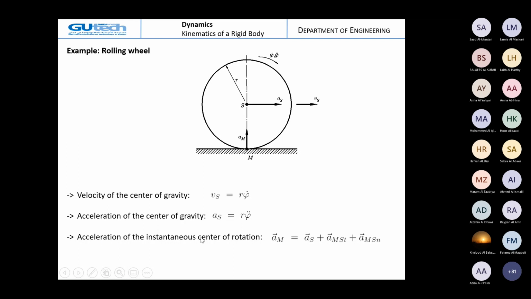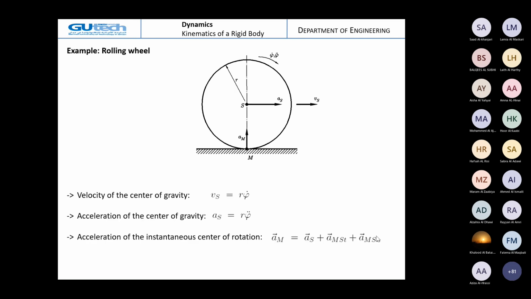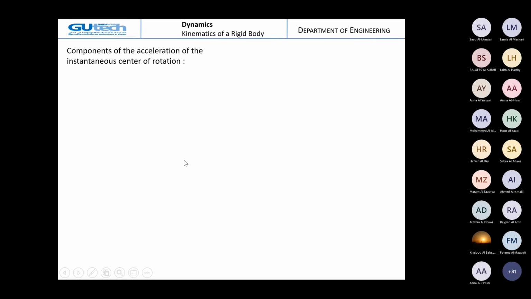Now, the acceleration of the instantaneous center of rotation, AM, is AS plus the tangential one plus the normal one, okay? This is the component of the acceleration of the instantaneous center of rotation.